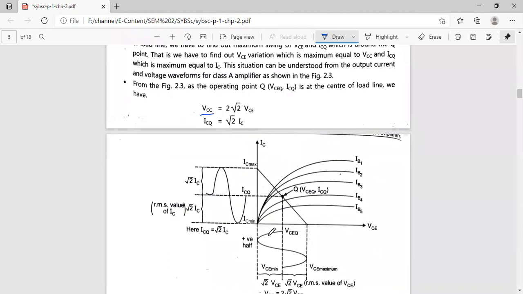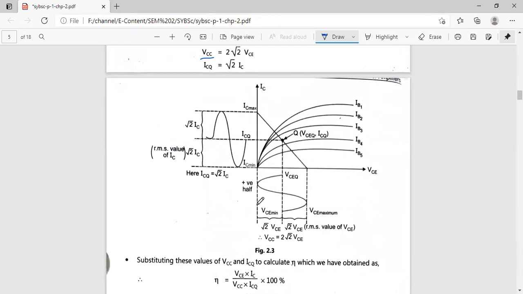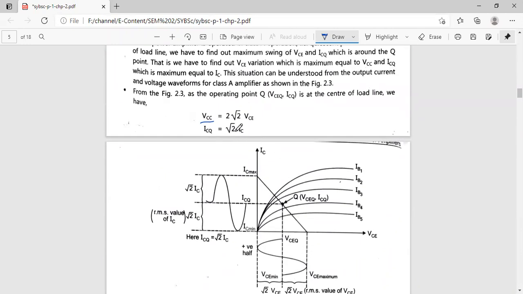See, this half cycle is nothing but your root 2 VCE, and the other half cycle is root 2 VCE. So that is why I can write VCC is equal to 2 root 2 VCE. Correct. After that, we have ICQ, which is equal to root 2 IC.